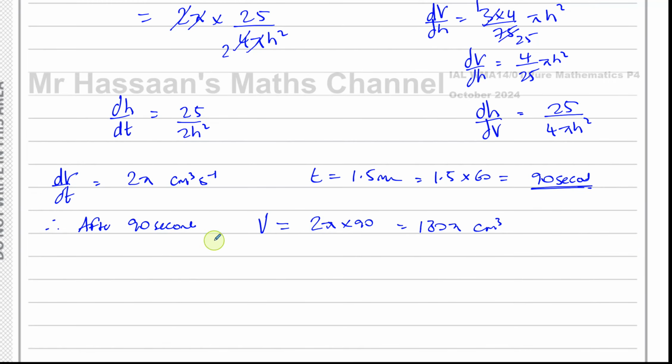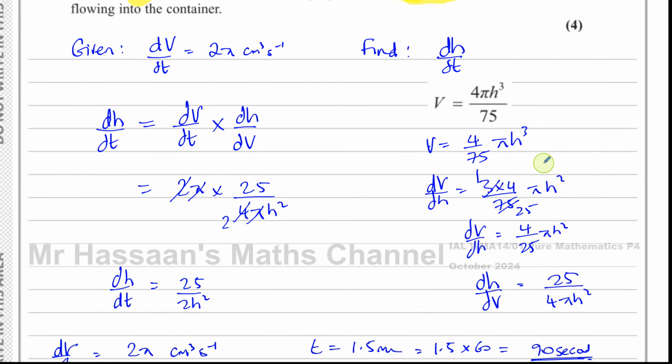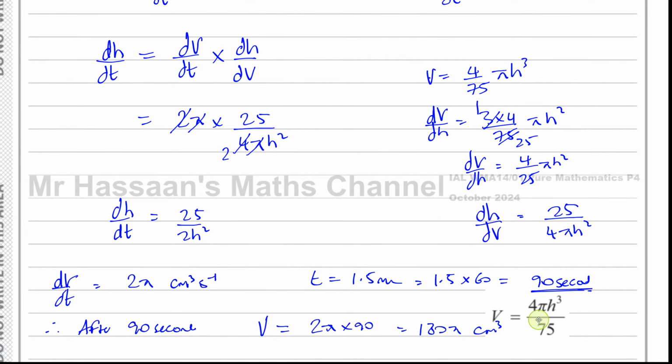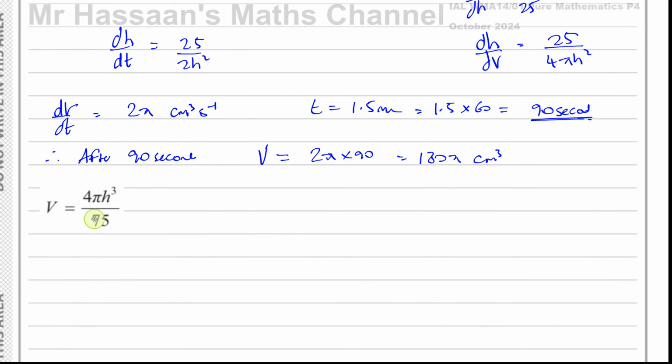So we can work out the height of the water because we know from this formula here that we can find the height when the volume is 180 pi. So we have 180 pi is equal to 4 pi h cubed over 75.